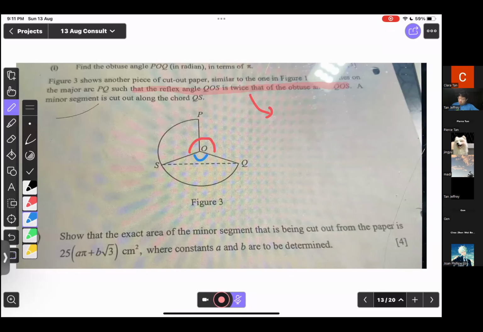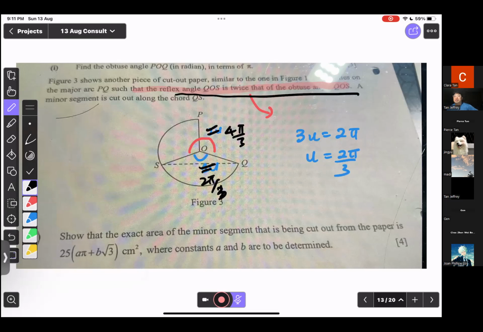So there are 2 units here and 1 unit here. Total 3 units is 2 pi. So 1 unit is 2 over 3 pi, which means this is 4 pi over 3, and this is 2 pi over 3. I believe once I tell you this, you can find the answer already. It's this part, that they add up to 2 pi. Okay, I understand now. Thank you.